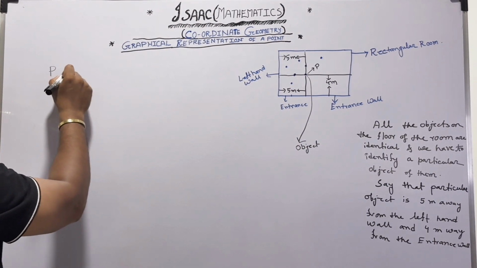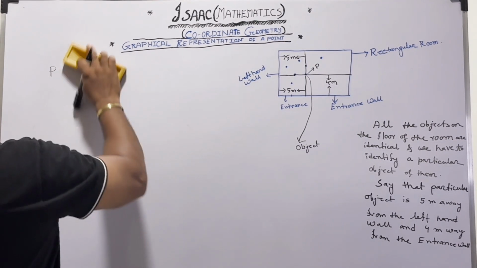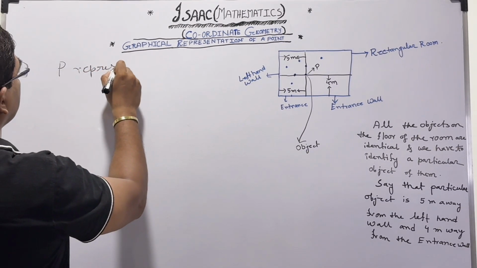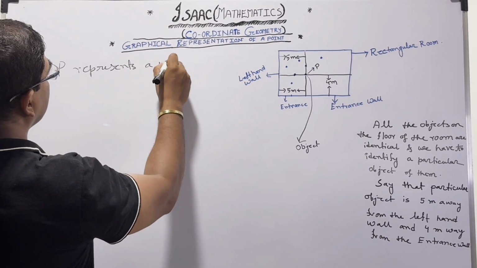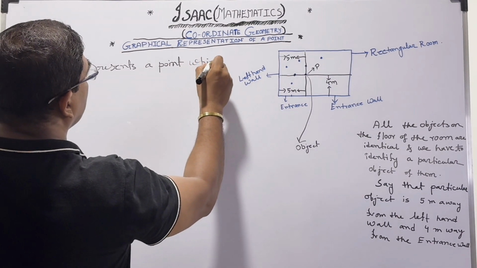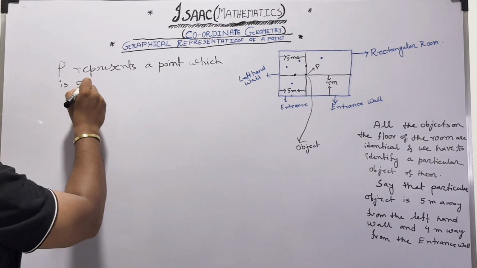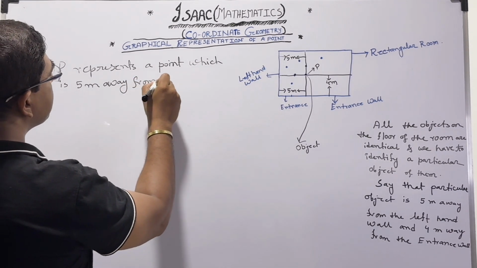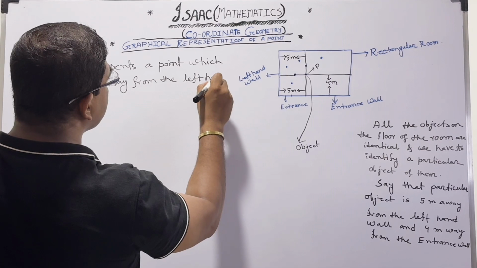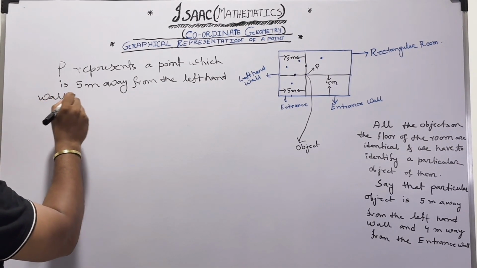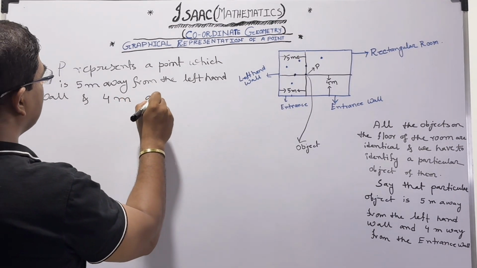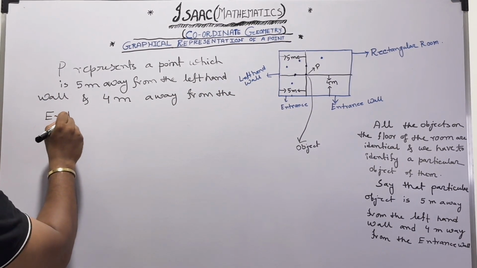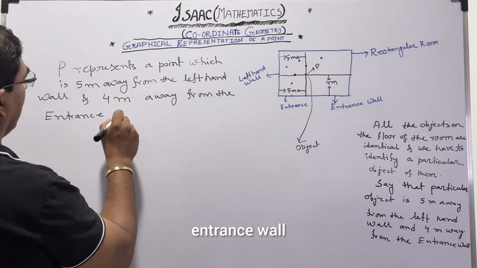P represents a point which is 5 meters away from the left hand wall and 4 meters away from the entrance wall.